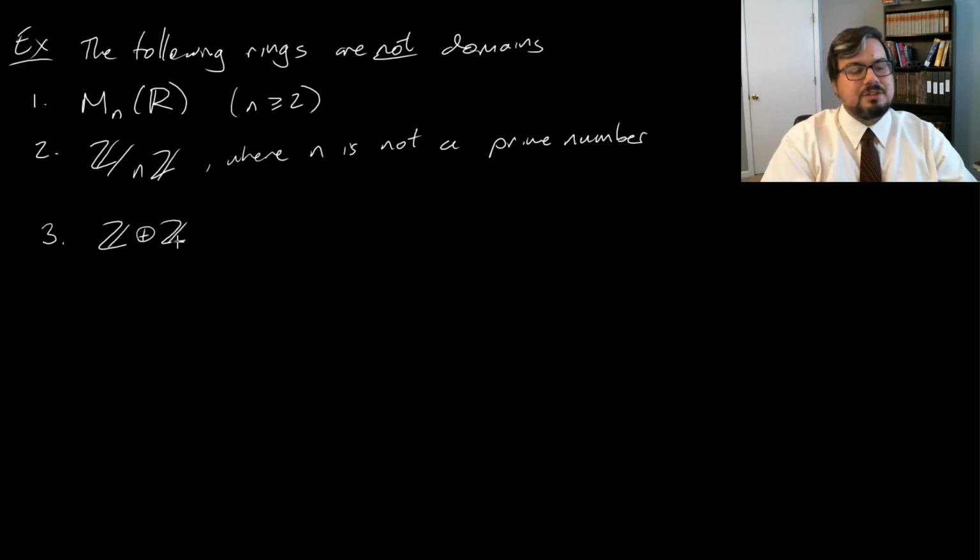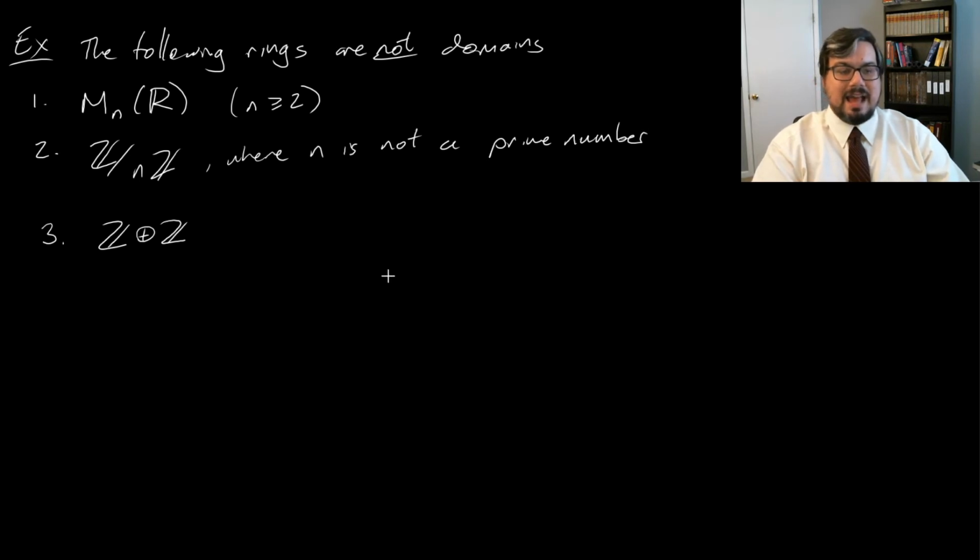We could also take the direct sum of Z and Z. Now, we haven't looked at this in detail yet, but this follows a construction very similar to the construction of a direct sum of groups.